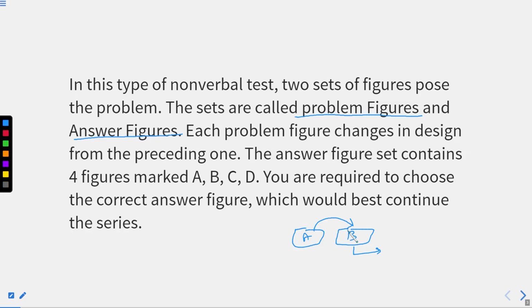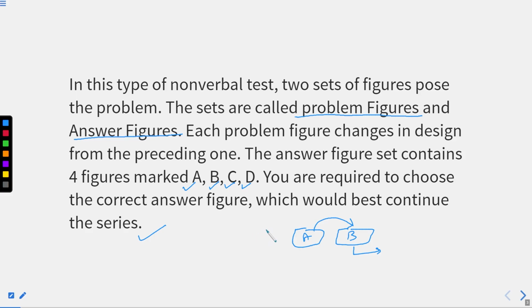The answer figure set consists of four figures that are marked A, B, C and D, in which the same sequence will be followed. You have to check which of the options is following the same sequence that the problem figures are following, right? You are required to choose the correct answer out of all the alternate figures given below, which would be the best continuation of the series. I hope the instruction part is clear for type 1 kind of questions, right?